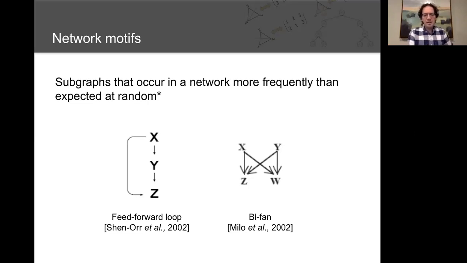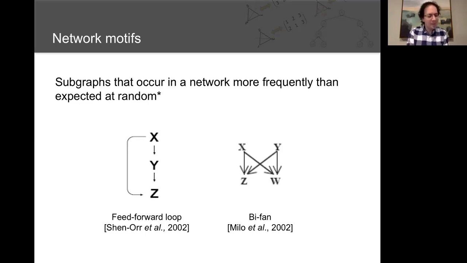That is a situation where the gene X upregulates the gene Y, which upregulates the gene Z, and the gene X also upregulates Z. And they said, oh, this little motif in my network actually serves a useful dynamic function. So just by looking at the structure of which genes affect which other genes, they could learn something about the dynamics.